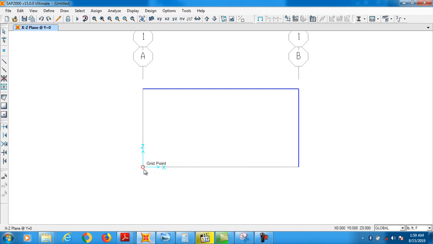This is the origin point. This point will be located from this origin. Its coordinates will be 10, 5, and you see there that is 10, 5, and this height should be equal to 5. So you need to assign a hinge support there.